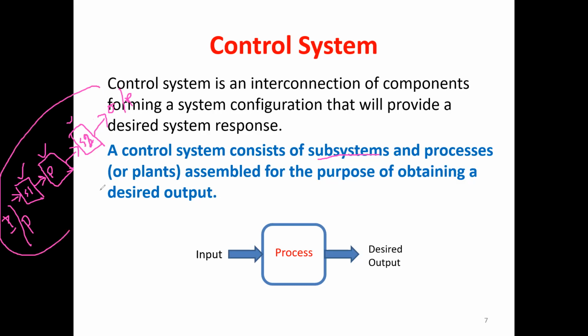So they say that a control system consists of subsystems. These are the subsystems. Total is a system, but under the system there are subsystems and processes or plans assembled for the purpose of obtaining a desired output. So for getting the desired output, we can arrange the system of subsystems in such a way.